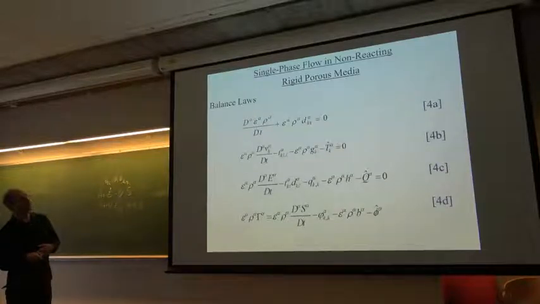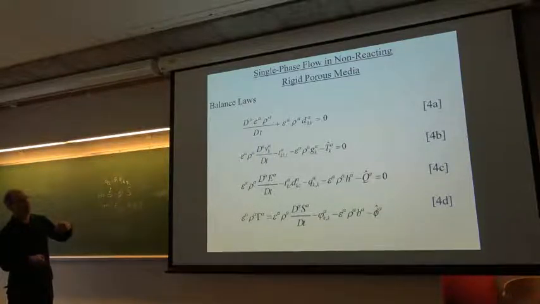These are all subject to the fact that the sum of, oh, by the way, here I have written it for a non-reacting porous medium. And I want to look at single phase flow in a non-reacting rigid porous medium. Now, being rigid or not doesn't affect my balance laws, but non-reacting affects it because now I have 0 here, and the exchange of momentum is only because of forces, there is no mass exchange.